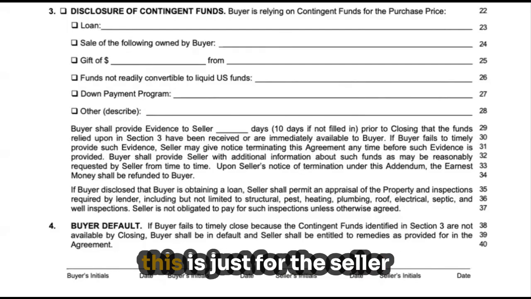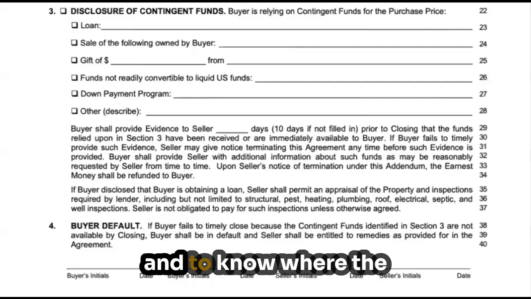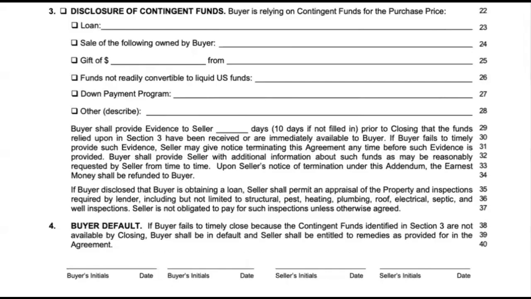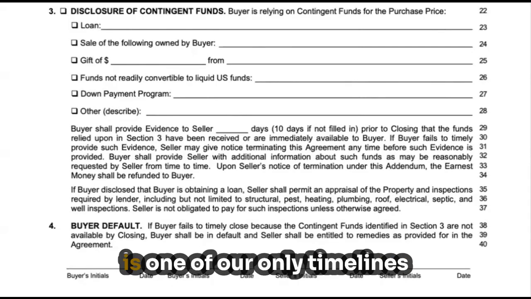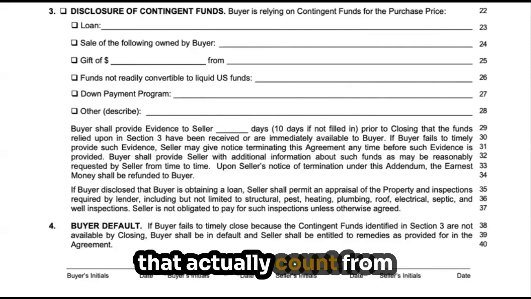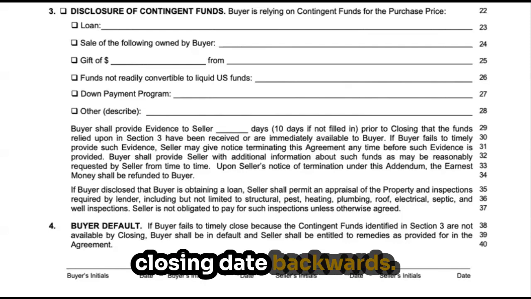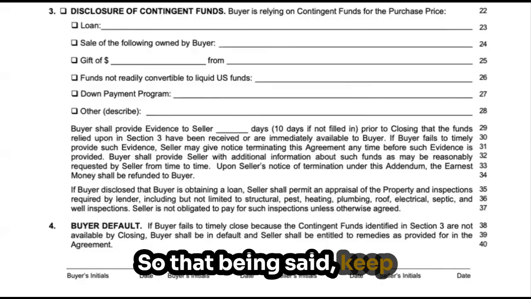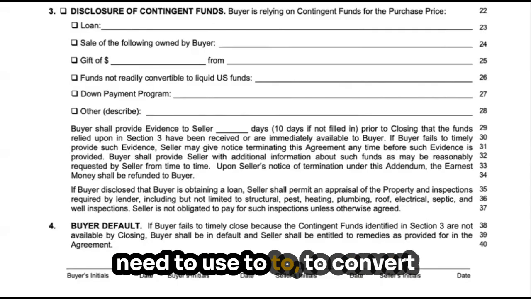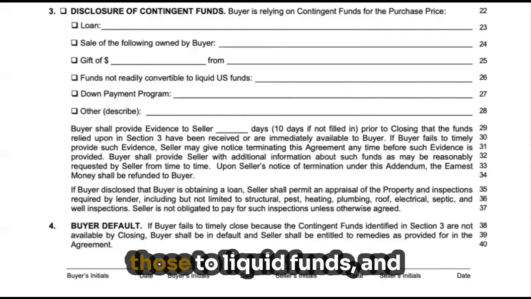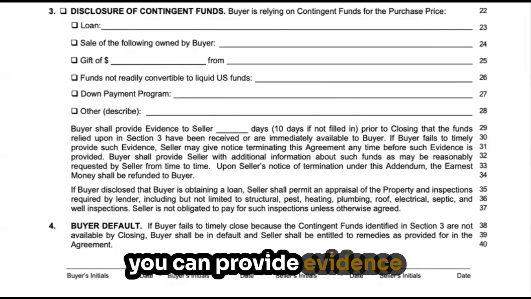Now, the whole reason for this is just for the seller to keep communication and to know where the money is coming from. Box 3 for contingent funds is one of our only timelines that actually count from closing date backwards. So that being said, keep in mind the time that you need to use to convert those to liquid funds, and you can provide evidence when that happens.